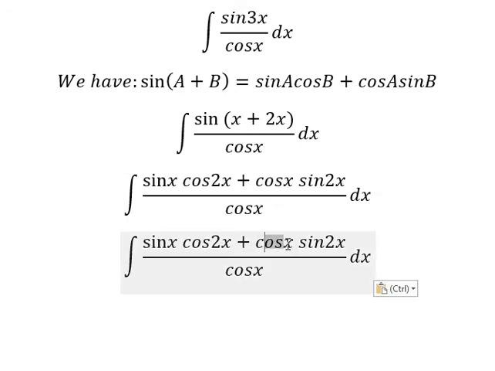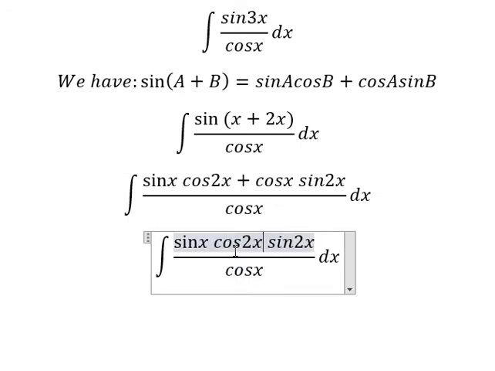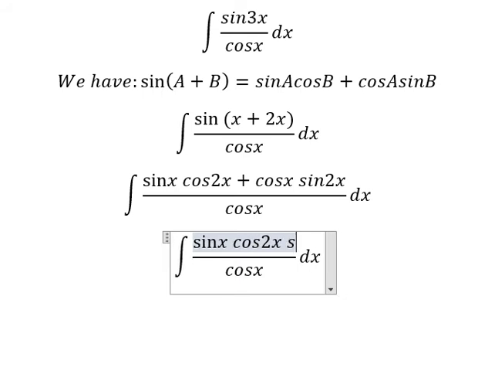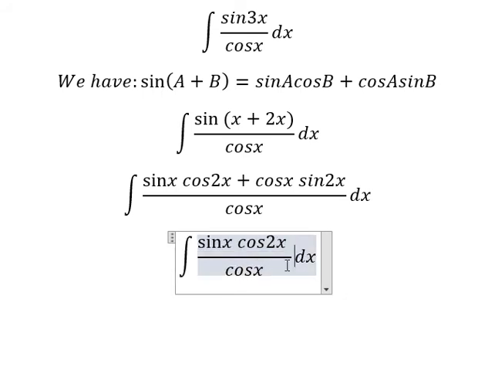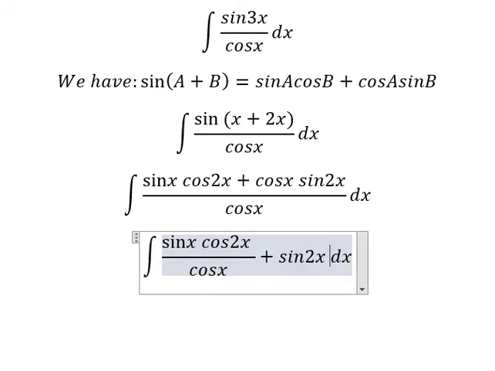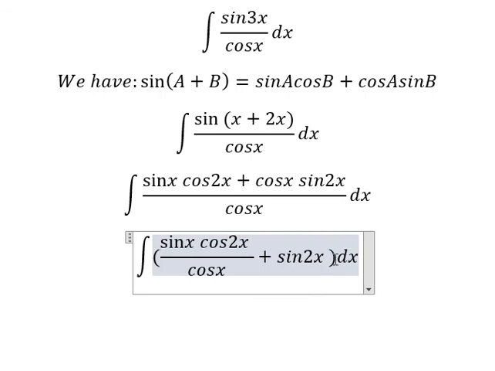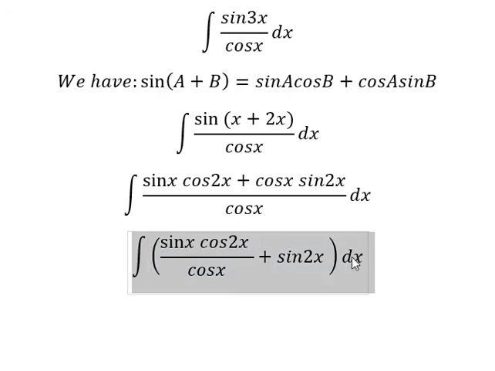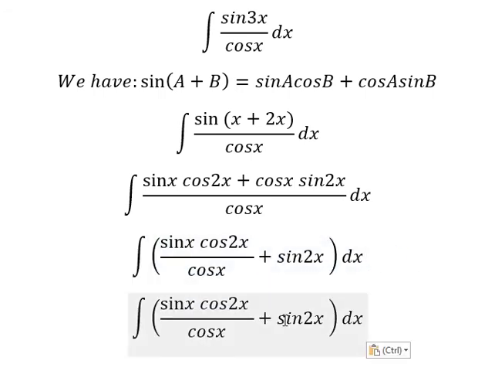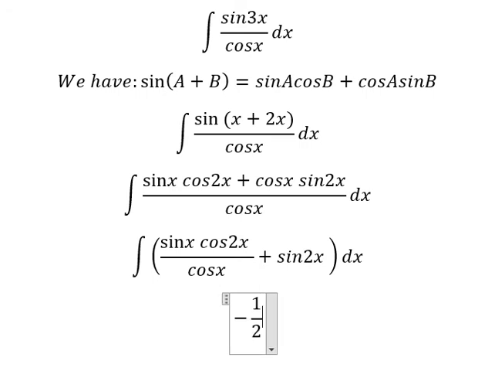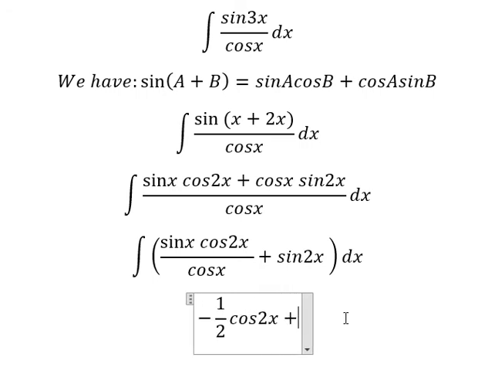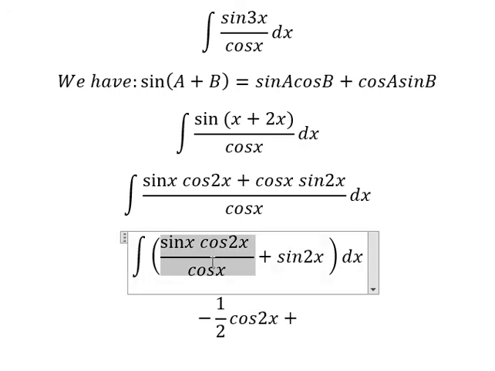So cosine x divided by cosine x, we have number 1. The integration of sine 2x, we have negative 1 over 2 cosine 2x, and now we need to concentrate on this one.